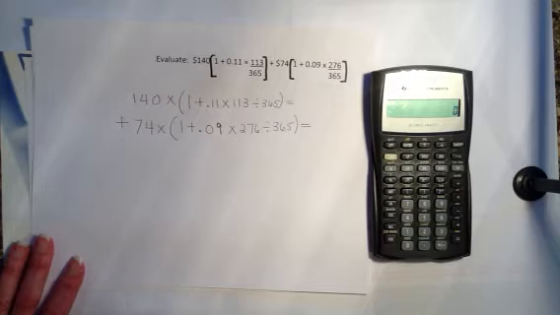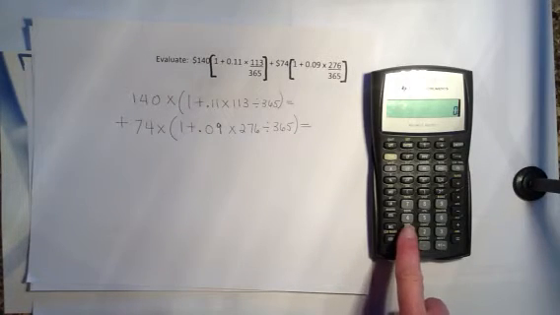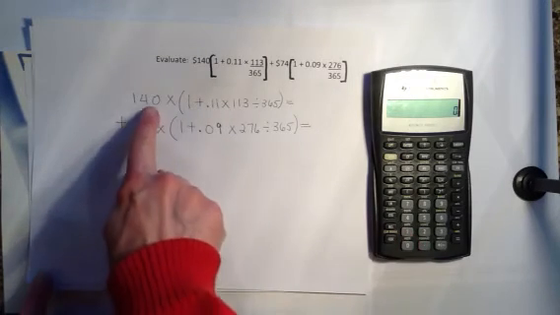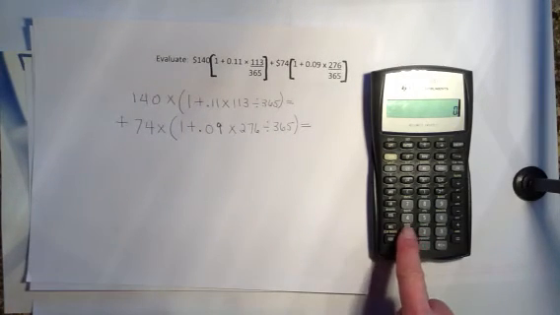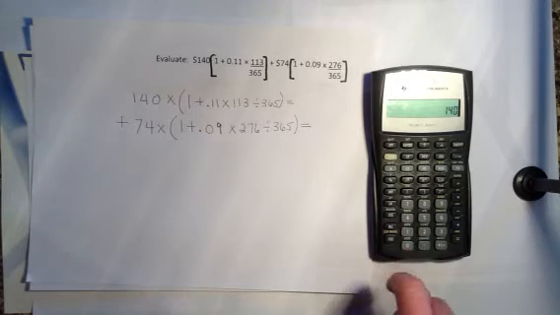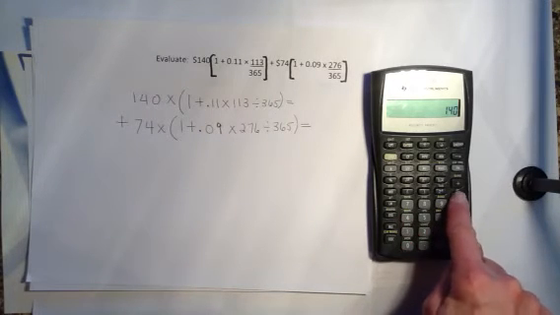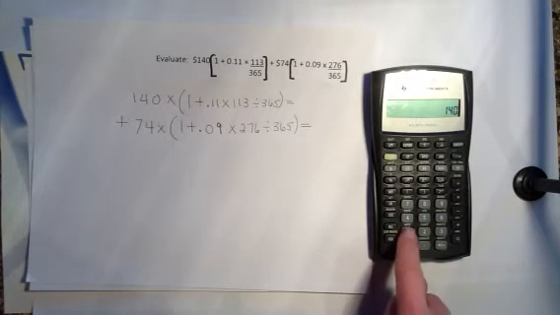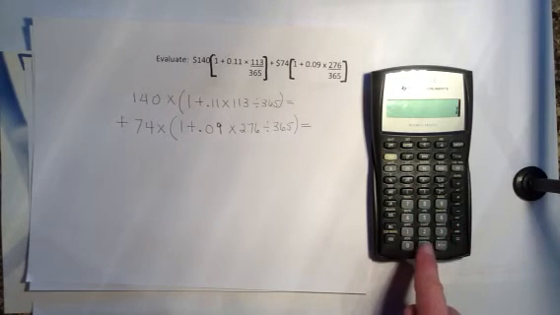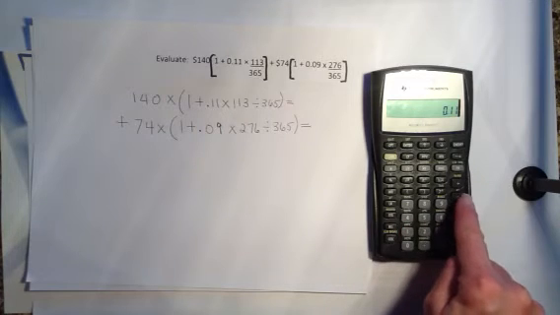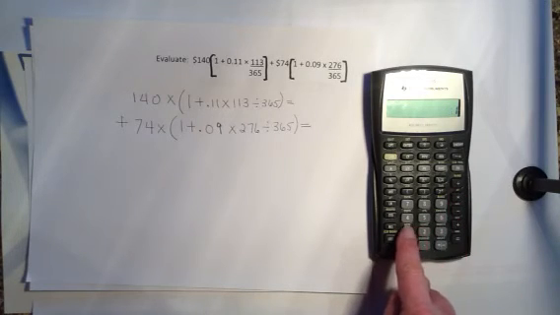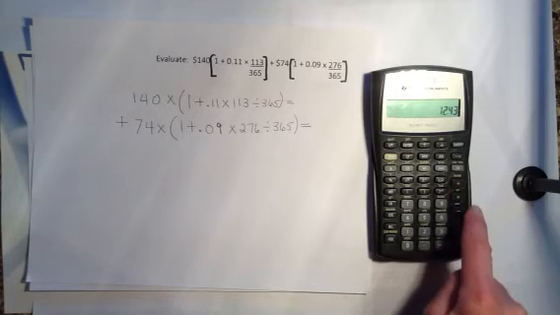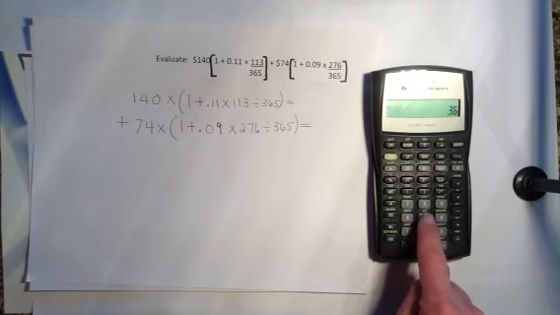Let's see how it works. So now I'm going to start plugging in the numbers into the calculator using the string of numbers that I've got here. So I have 140. I'm going to multiply that by, and don't forget to type your bracket, right? 1 plus 0.11 times 113 divided by 365.